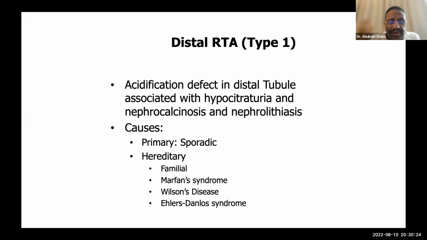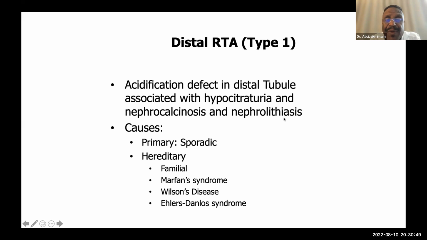I do not want to confuse, so let's focus on type 1 now. The defects in the distal nephron are associated with hypercalciuria, nephrocalcinosis, and nephrolithiasis. This is the one that we know could be sporadic or could be hereditary. There is a familial form; Marfan's, Wilson disease, Ehlers-Danlos syndrome have been associated with the distal part of the nephron.